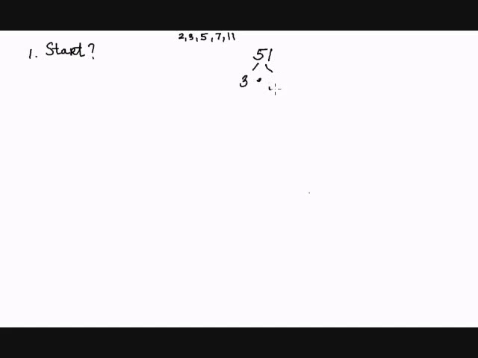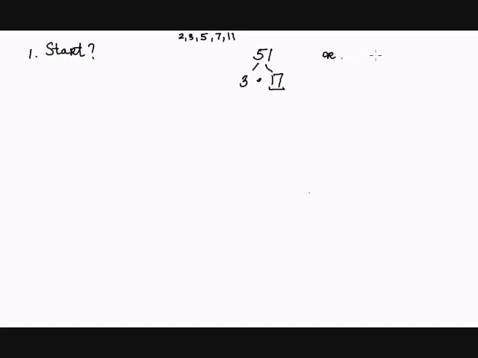To find this other factor, we're going to divide 51 by 3. You may use a calculator for that. I'm just going to write down the answer, 17. So if you don't know how to start, try to run the divisibility test, and hopefully that will help.